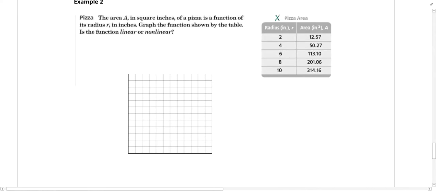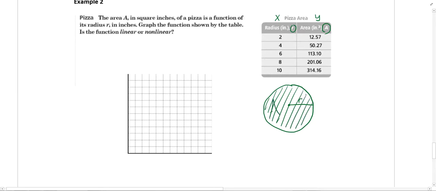Instead of an x and a y, we have an r and an A. And many times in word problems, we change the variables to reflect what we're talking about. Okay, so we're talking about a circular pizza that has a radius r and an area, so the area is how much pizza there is, of A.